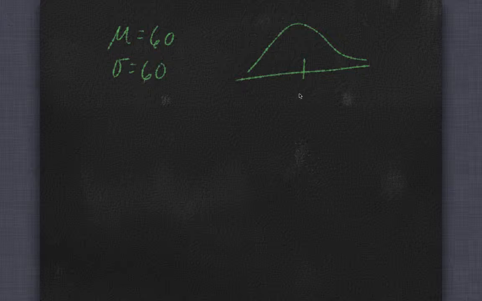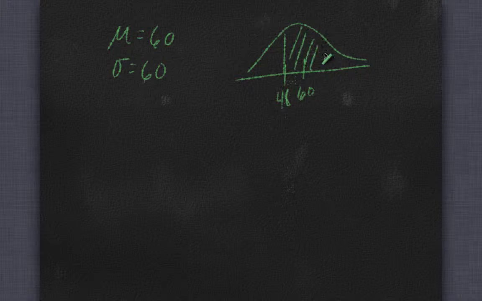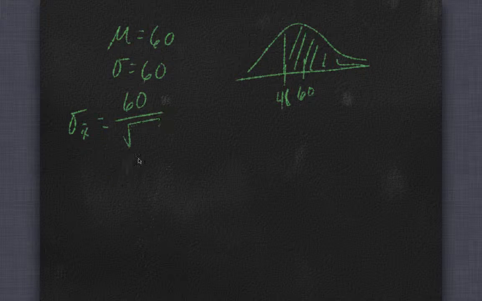So the mean of the means of size 64 samples will be 60. And here's 48, and we want to know this part. So the standard error for the sample means is going to be the standard deviation divided by the square root of the sample size.